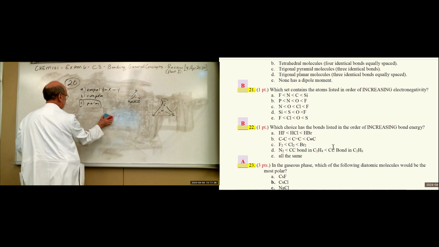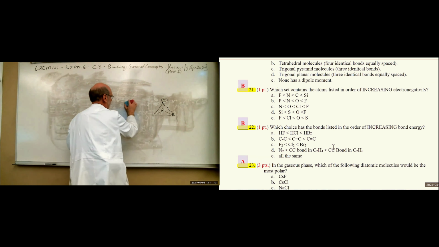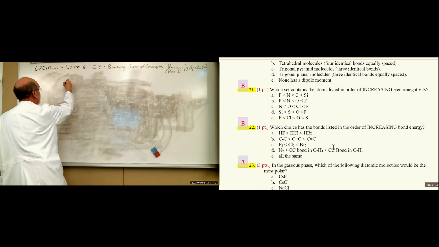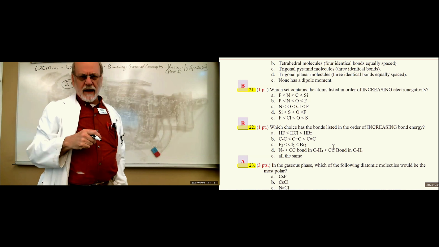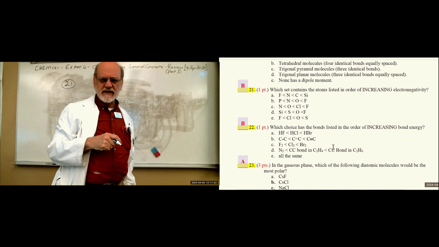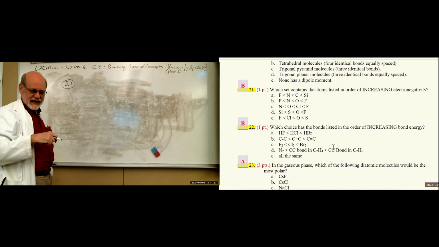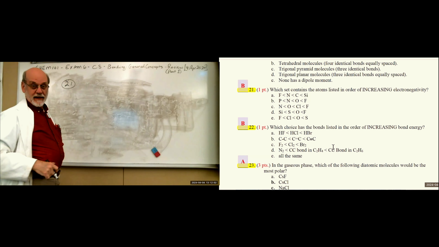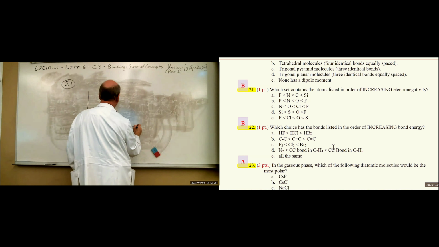21. Which set contains the atoms listed in order of increasing electronegativity? Increasing electronegativity. All right. You know, I like using the periodic table.